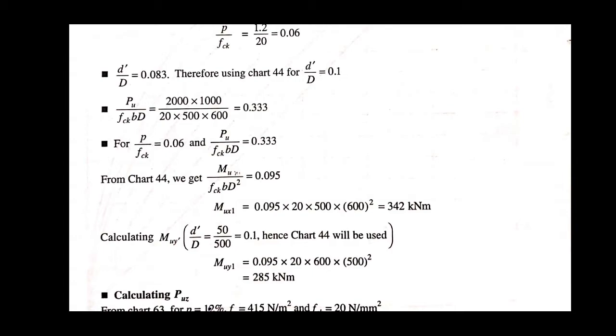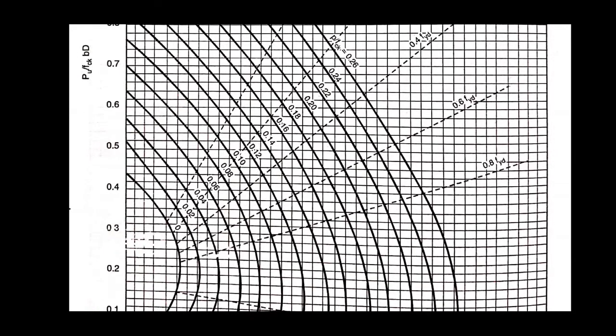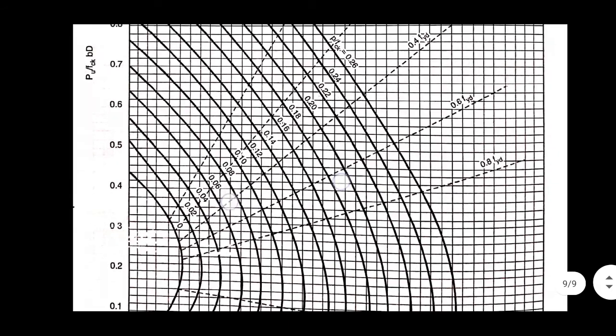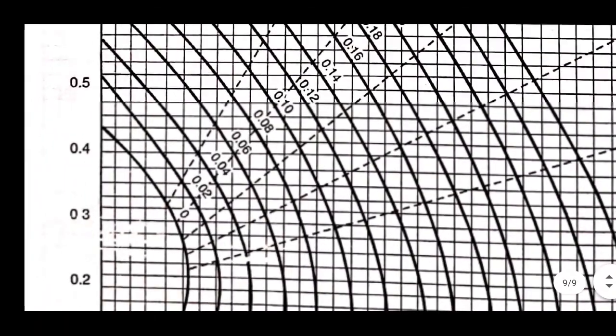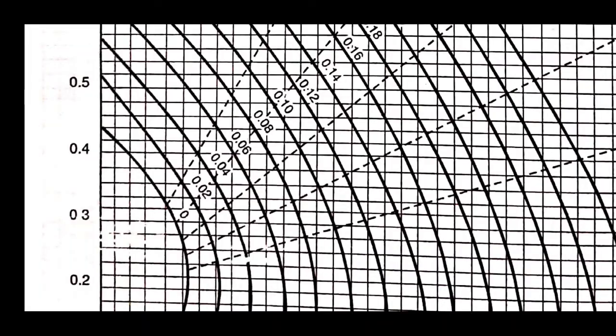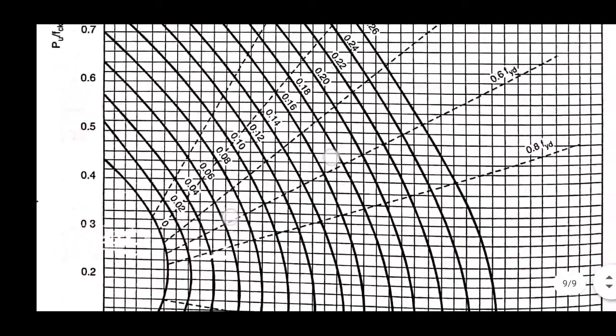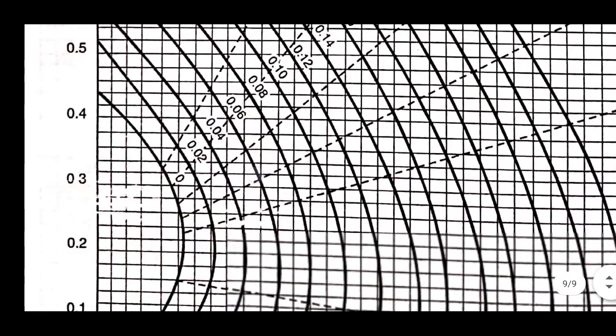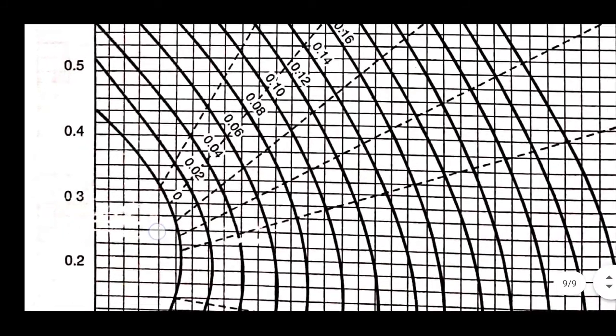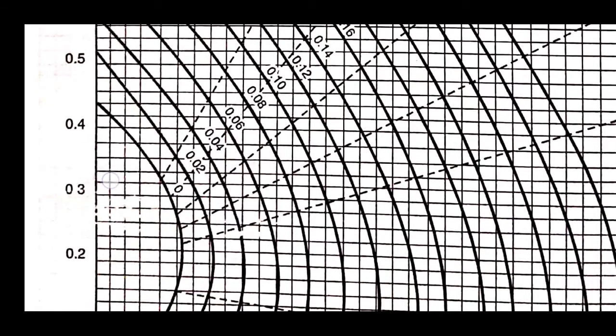So let's check out chart 44. In curve lines from the bottom 1, 2, 3, 4, number 4 curve is 0.06. You can see here this is 0.06 and pu by fck bd value is 0.333. So we have here 0.3, so it's almost here.